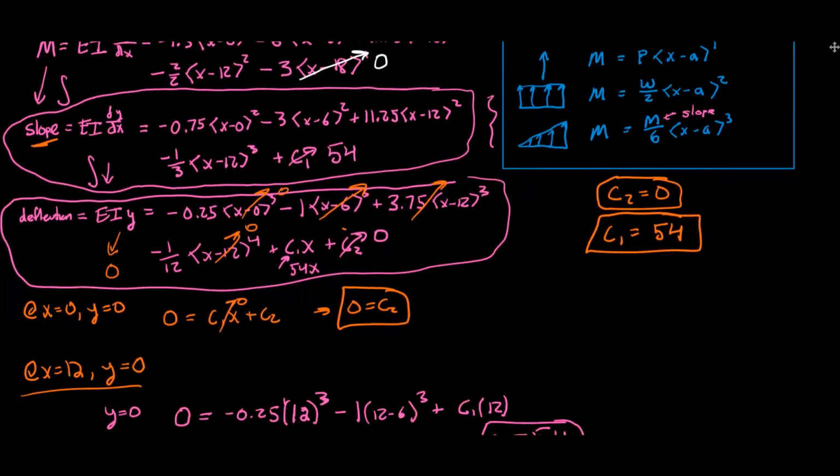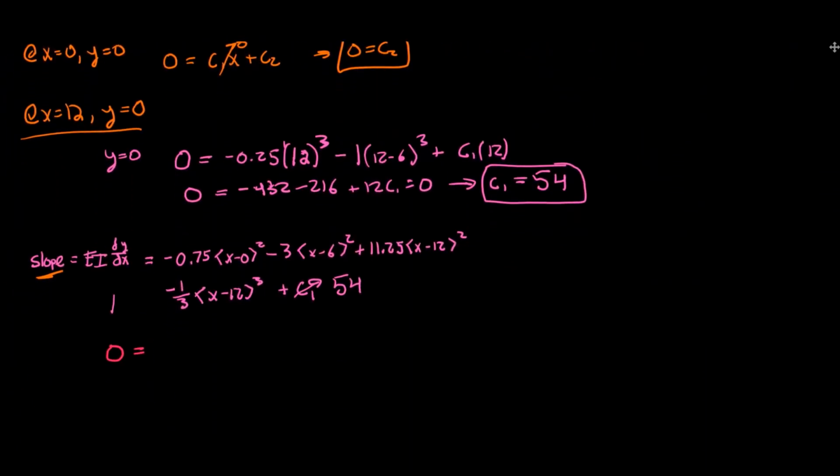So we can rewrite this equation as 0 equals negative 0.75 x squared minus 3 times x minus 6 to the second power. And then, since this is x minus 12, we're just going to have plus 54. And we're going to be solving for x.